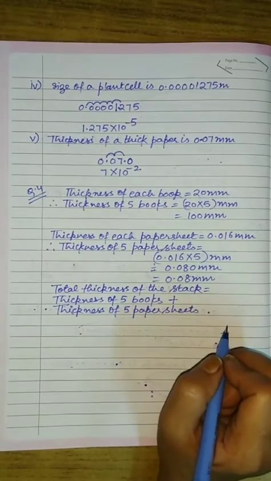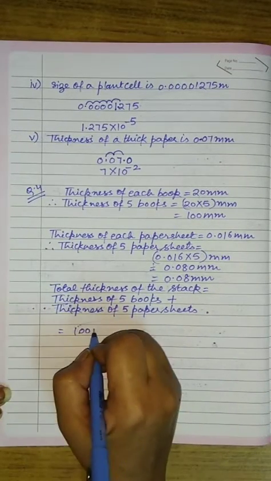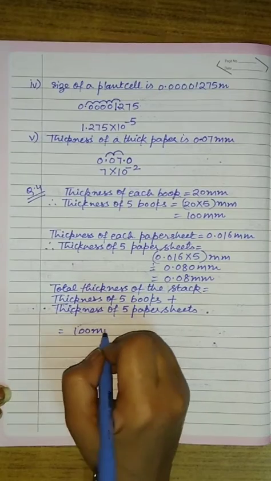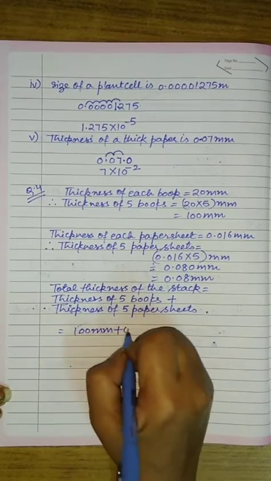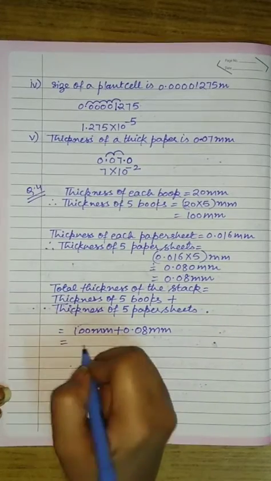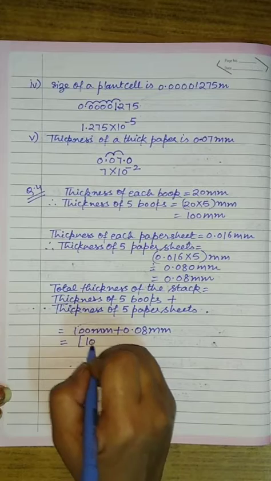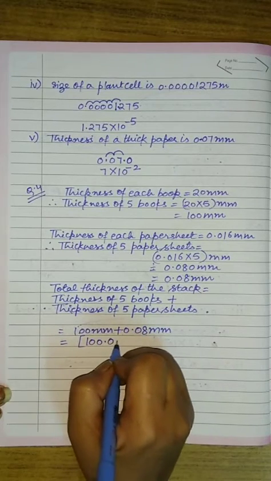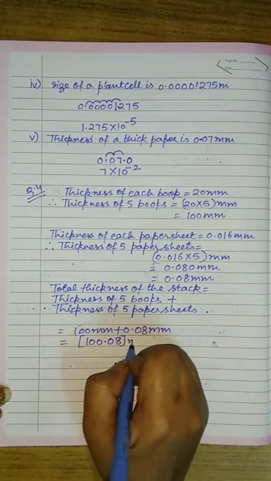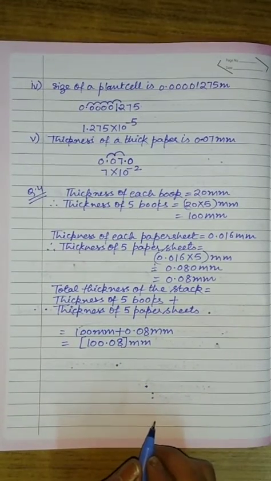Now we will add them, then we get 100 millimeter plus 0.08 millimeter, and when we add them, we will get 100.08 millimeter.